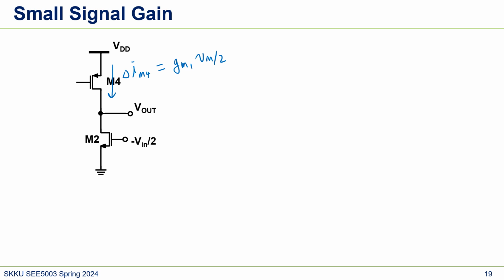So that will be delta IM2, where we define the direction of delta IM2 to be toward ground, and that will be GM2 times delta VGS2, which is minus GM2 times Vin over 2.